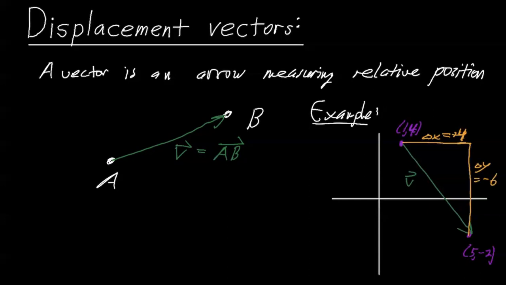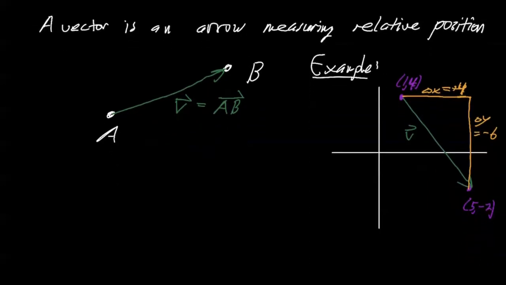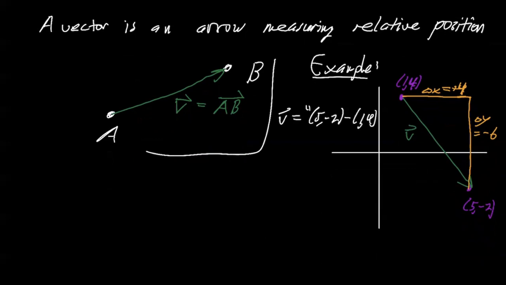We're going to say this V in this example is, in quotation marks, 5, -2 minus the point 1, 4. So we subtract component-wise: 5 - 1 is 4, and -2 - 4 is -6. And that's where we got those from.